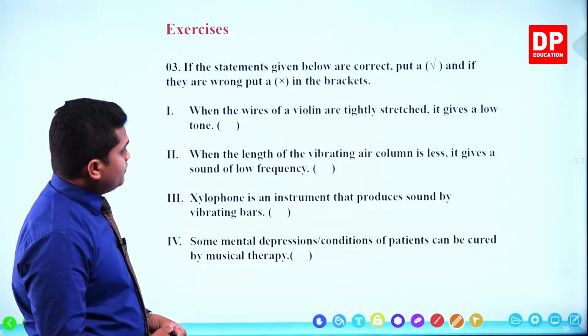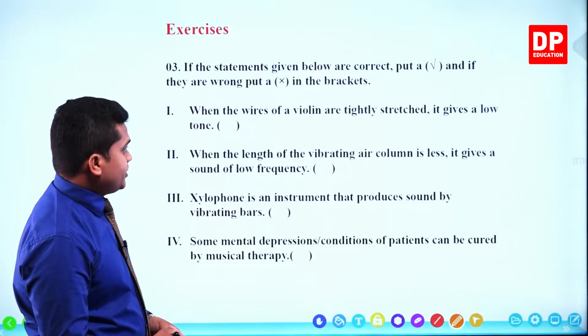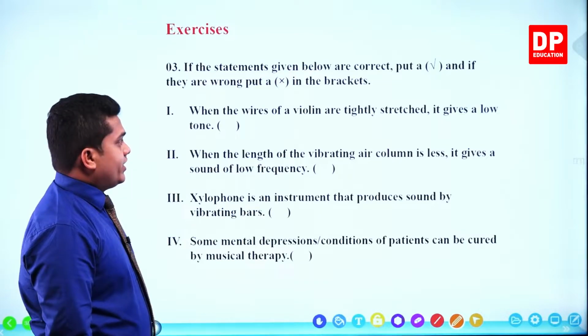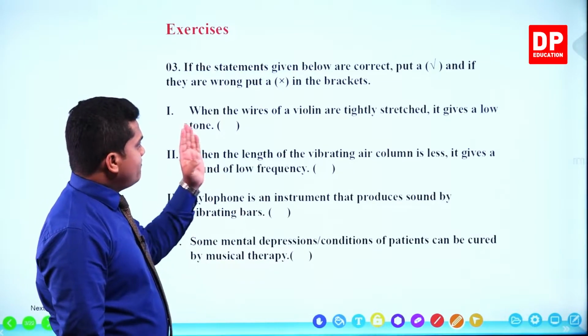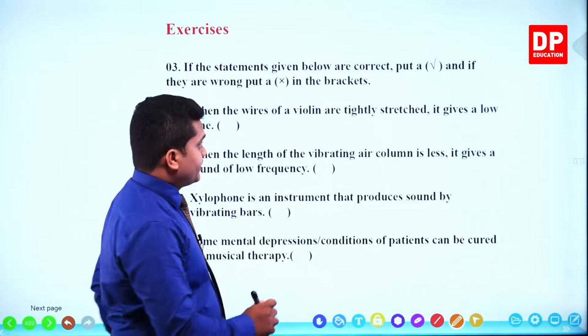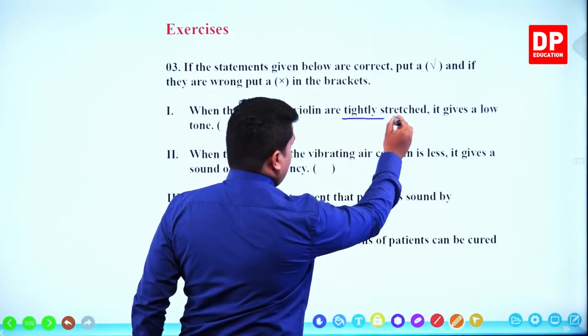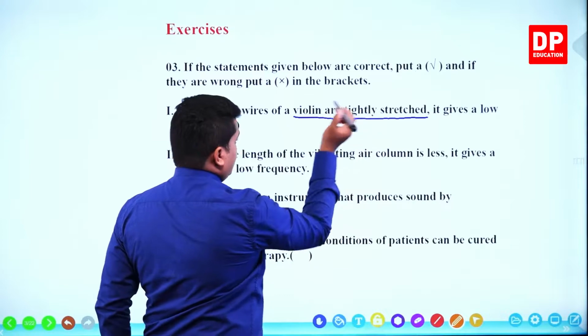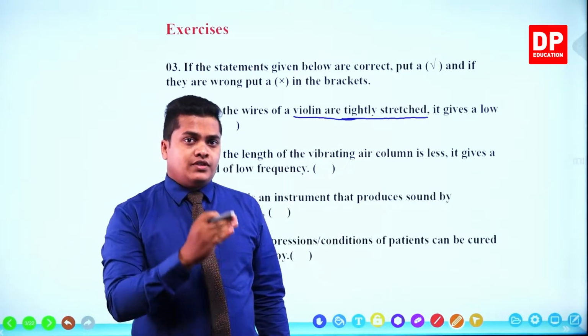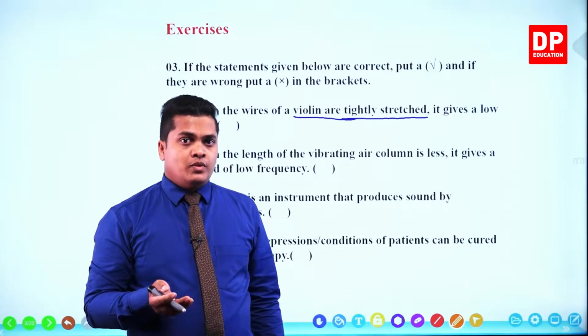When the wires of a violin are tightly stretched, it gives a low tone. When it is tightly stretched, the tension of the wire will increase.